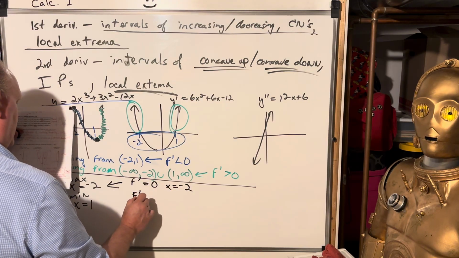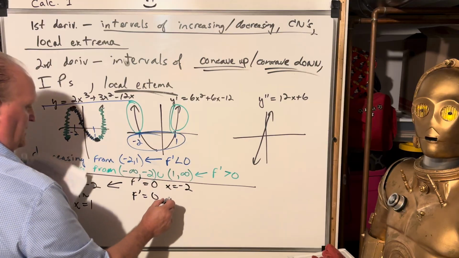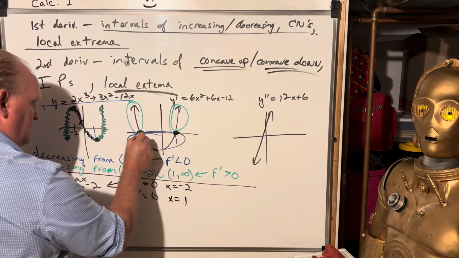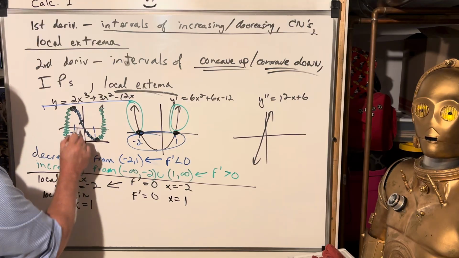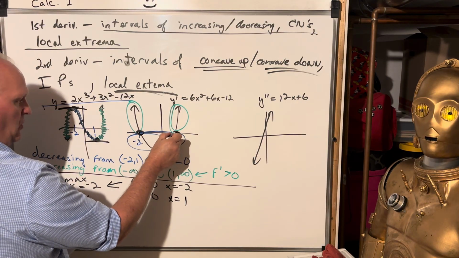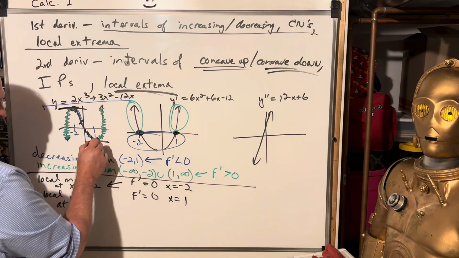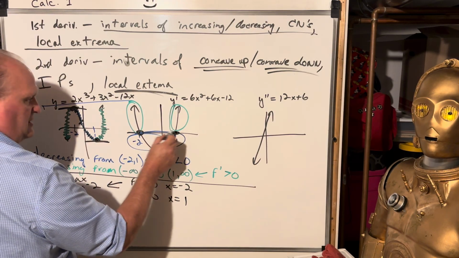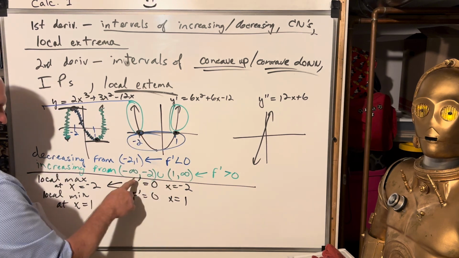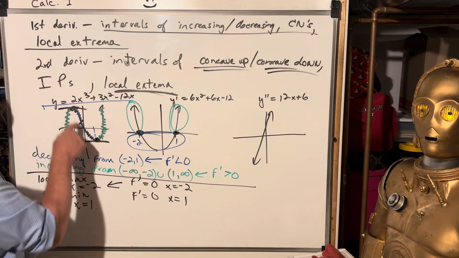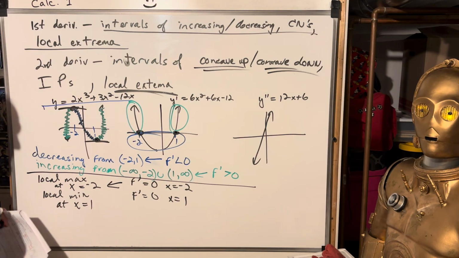F prime is equal to 0 at x equals 1. So in the graph, when those are zeros, those flag. Remember, that is the slope of the tangent line on the curve at that point. Instantaneous rate of change there. And so those are both 0. First derivative equal to 0 gives you maxes and mins, local max and local min. All right.